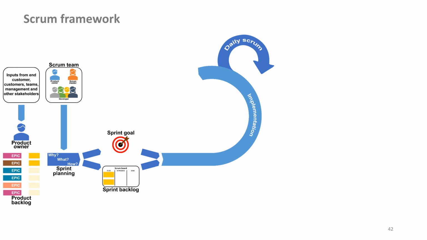If we are not likely to reach it, we have to make adjustments. If we have problems, we ask ourselves how we can set ourselves up in the next 24 hours until the next daily Scrum, so that we can work as effectively as possible.